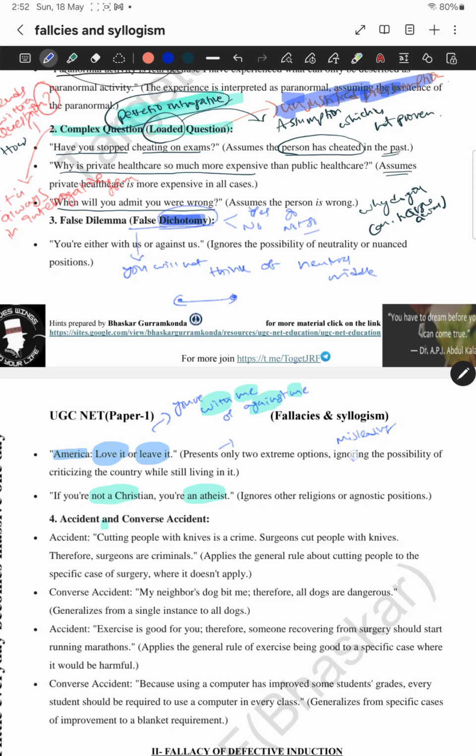Misleading, misinterpretative, something of this sort.